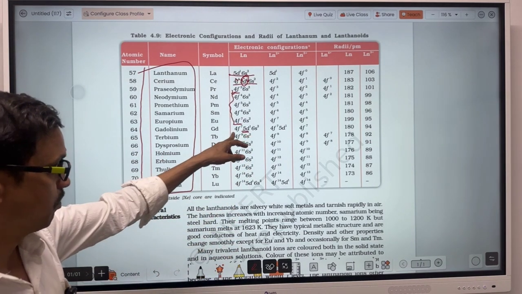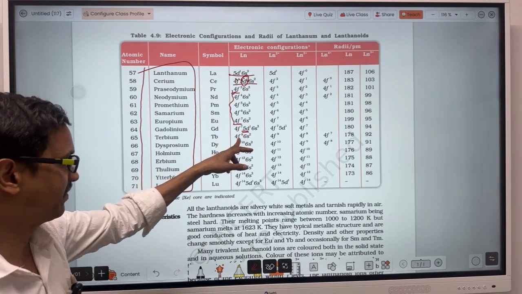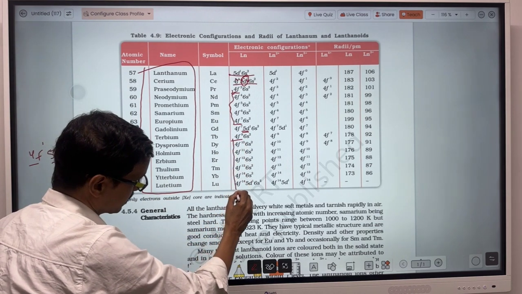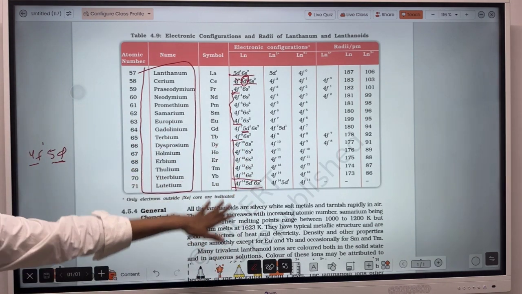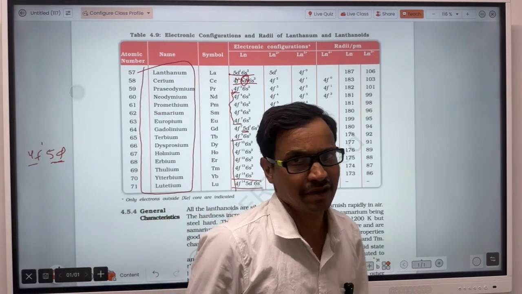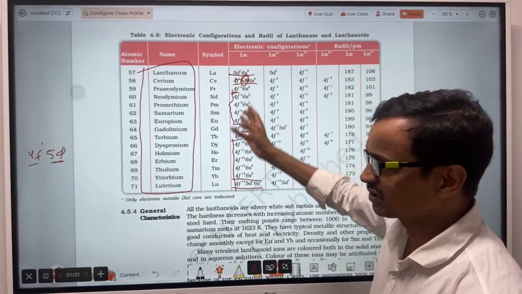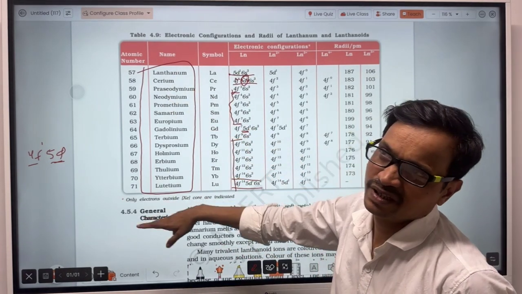Then 4f8, and one electron also entered there, so 4f9, and then the electrons start entering there, up to 4f14 and then 5d1. So that was the trick by which you can write the electronic configuration of an element when you know the name of the element.